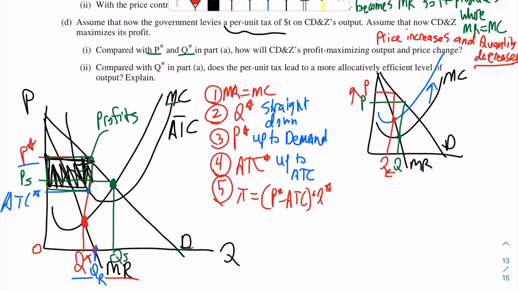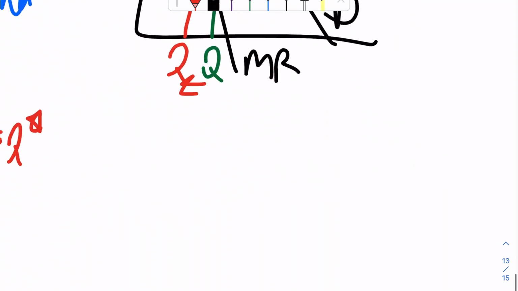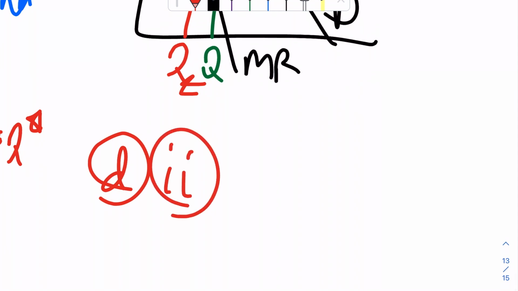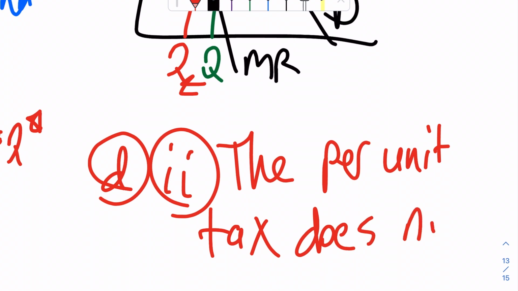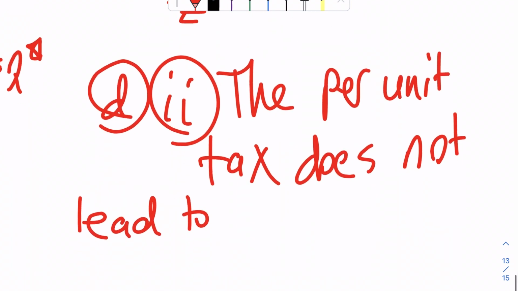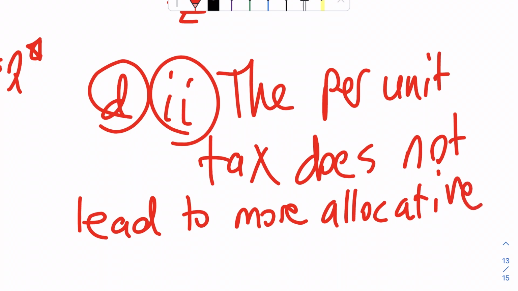So to answer part D double I, the per unit tax does not lead to more allocative efficient output.